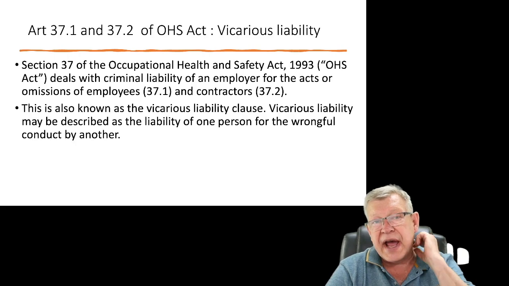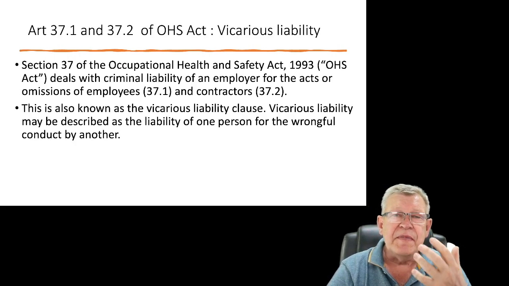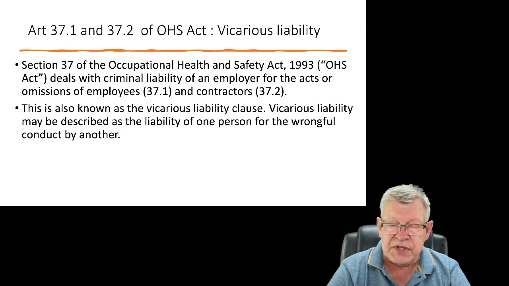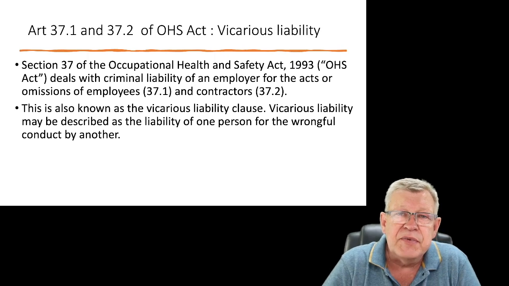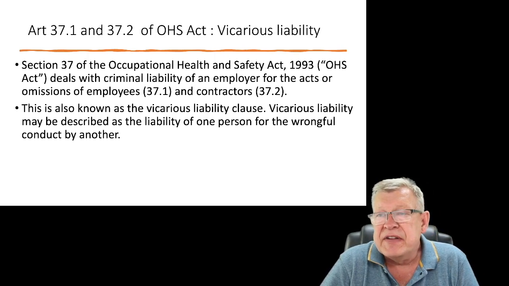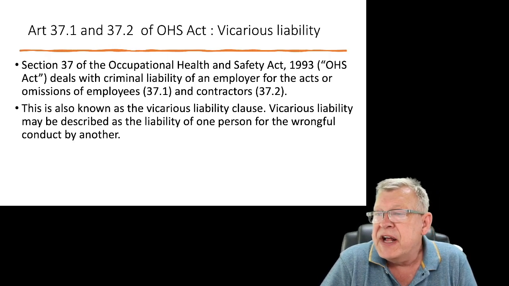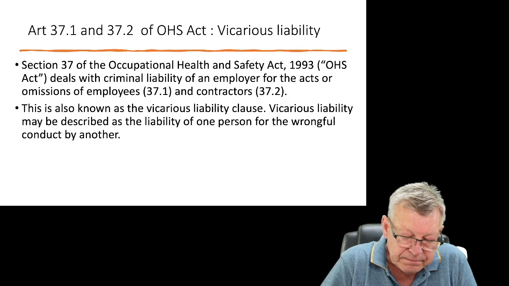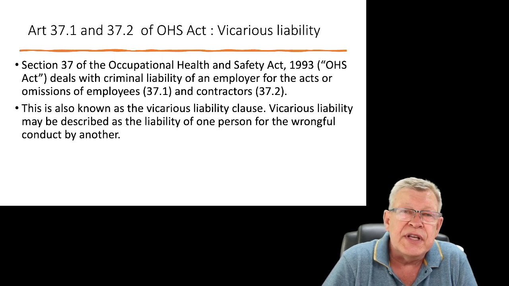Now let's look at what is my responsibility, or what's going to happen with my senior management and the CEO in terms of health and safety. If you look at Section 37 of the Occupational Health and Safety Act, it deals with criminal liability of an employer for the acts or omissions of his own employees.